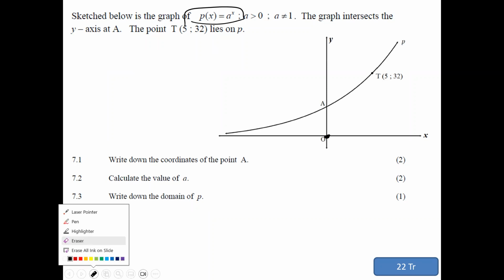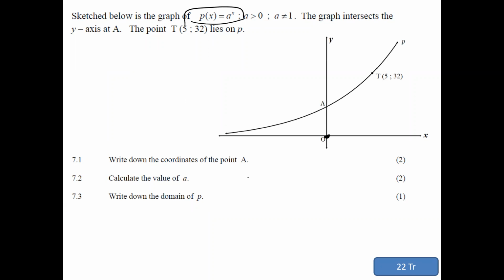Okay, so let's quickly see how we get 2. So lots of people are saying 2. That's good news, all right? So if we have p of x is actually equal to a to the power x, we have 1 point in the graph given. There's a point we want to use, (x; y).